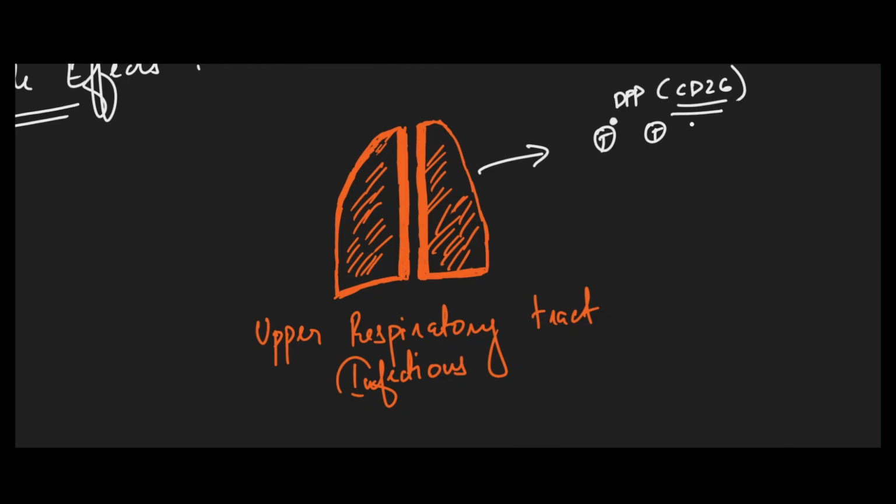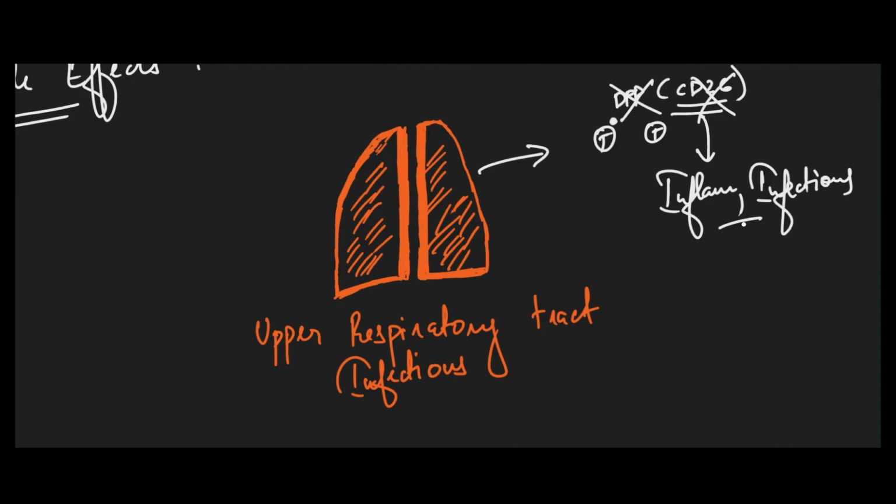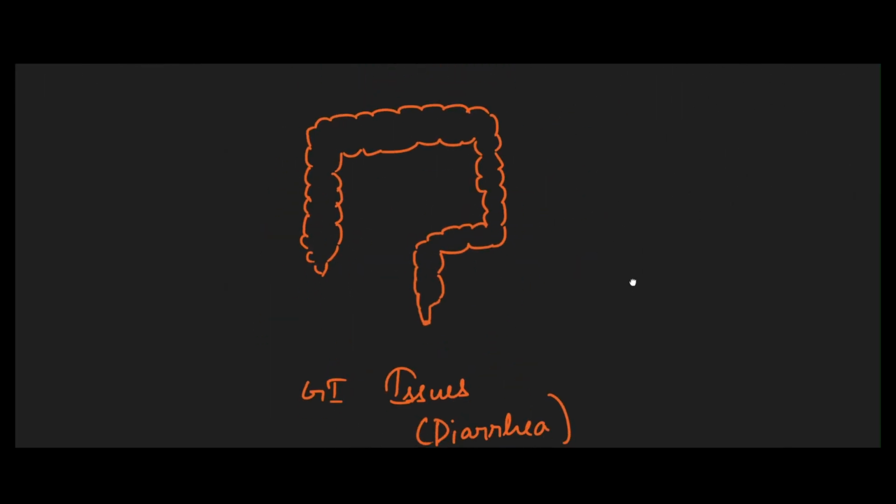So when you have sitagliptin, it inhibits DPP. So once the CD26 is also inhibited, both being the same, it leads to inflammation, or it can even lead to infection-like symptoms. So that is how this side effect works.